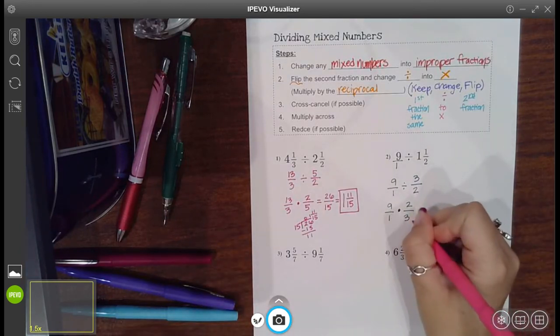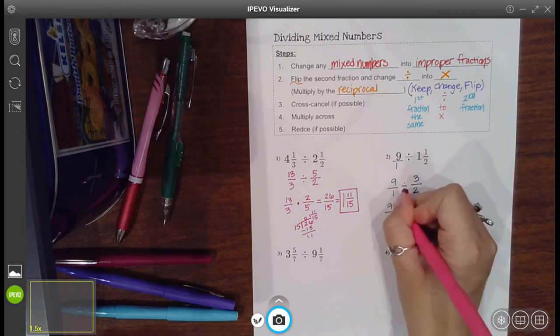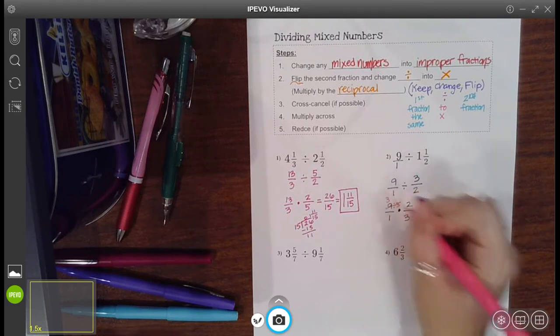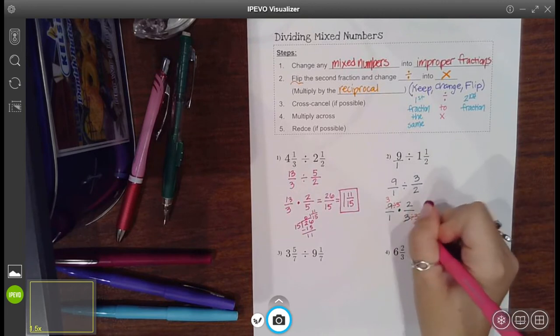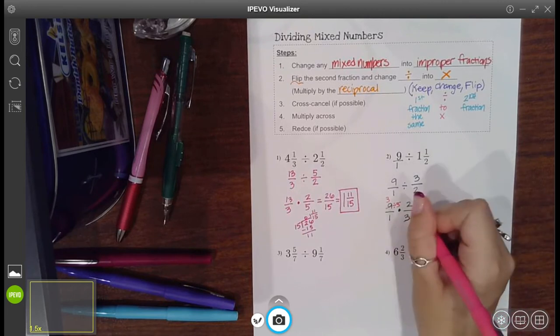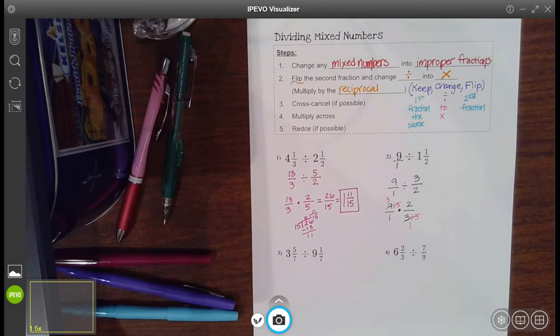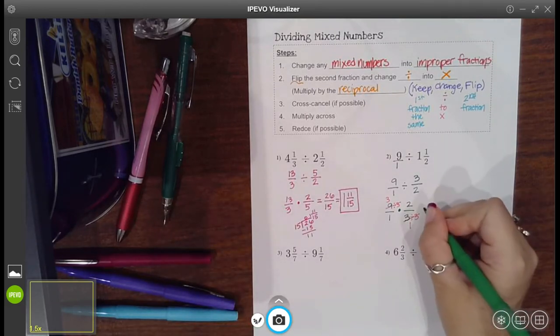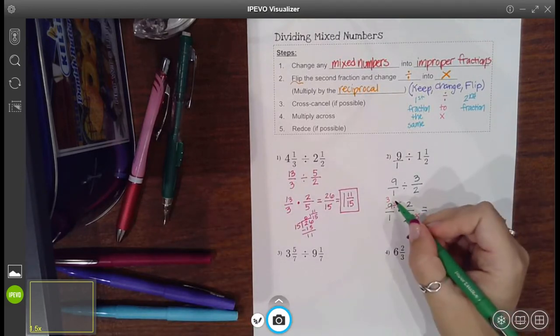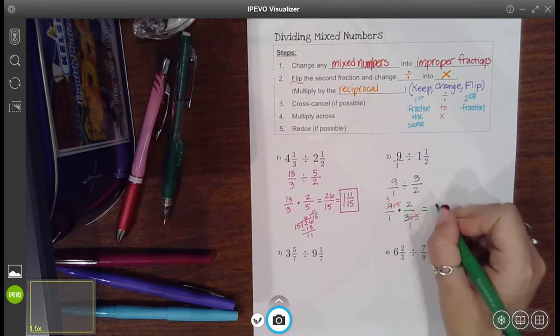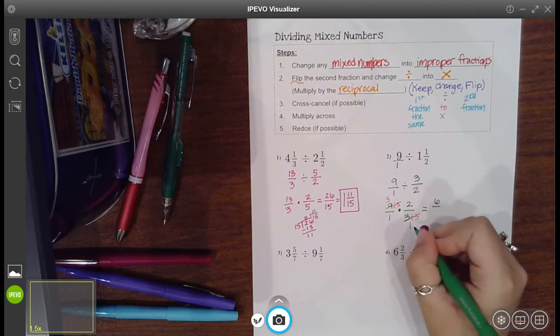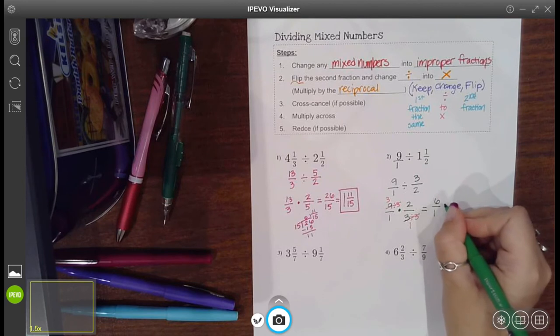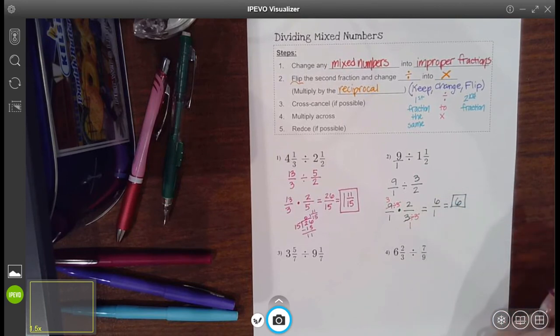What can go into both 3 and 9? 3 can. What's 9 divided by 3? 3. What's 3 divided by 3? 1. Can I cross cancel those? No. Now that I got it simplified down to smaller numbers, let's multiply across. 3 times 2 is 6. 1 times 1 is 1. And anything over 1 is just itself. So 6 over 1 is 6.